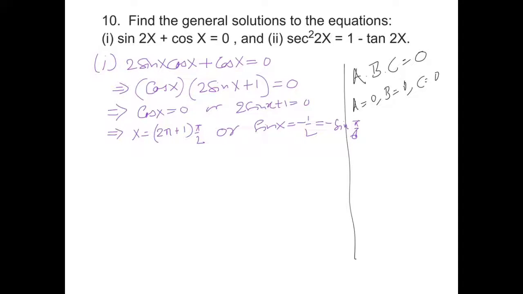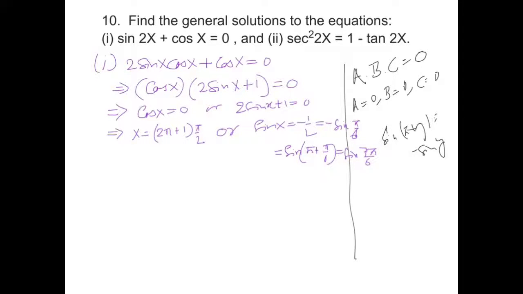And we already know that sine of pi plus y is equal to minus sine of y. And therefore we can write minus sine pi by 6 as sine of pi plus pi by 6, which is sine of 7 pi by 6.